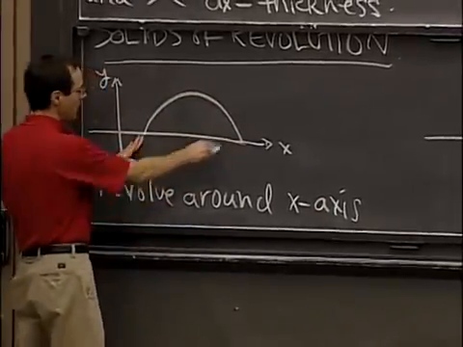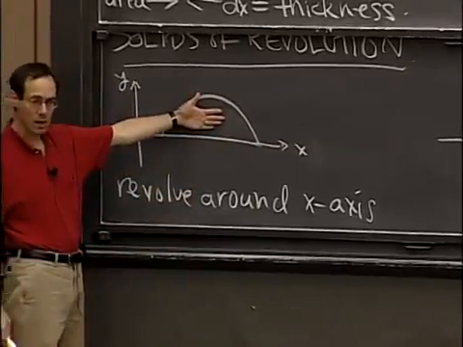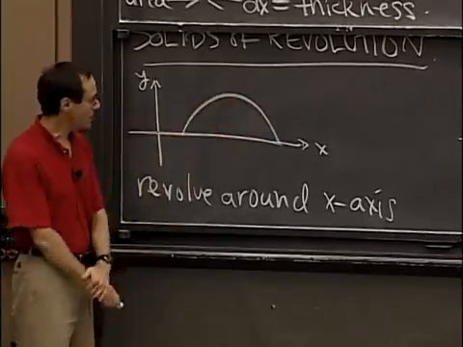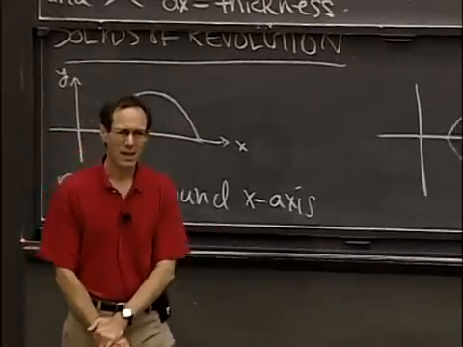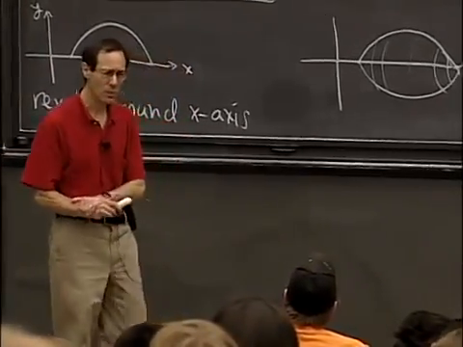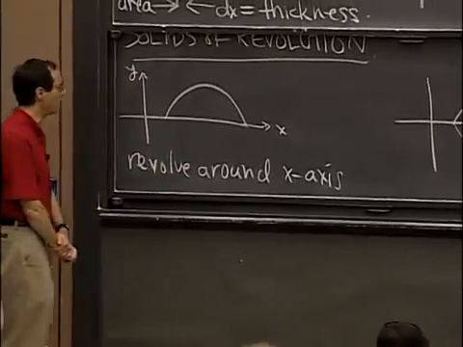If you had made this copy underneath, it still would have been the same region. So we only pay attention to what's above the axis here. All right, so that's the basic idea. Now, I'm going to apply the method of slices to figure out the volume of such regions and give you a general formula and then apply it in a specific case.